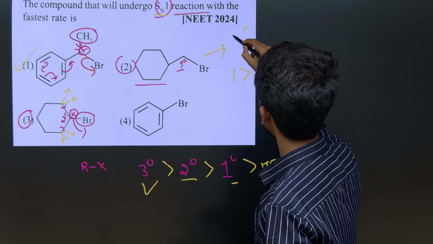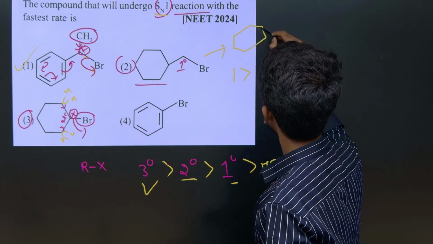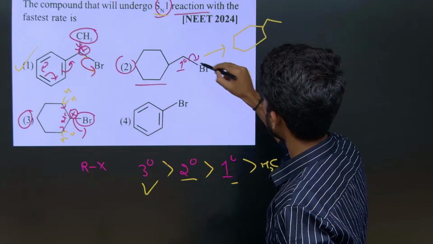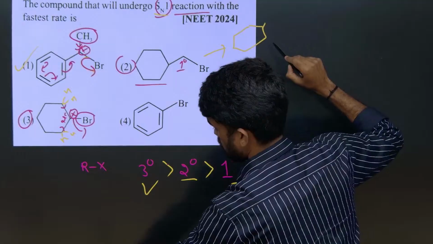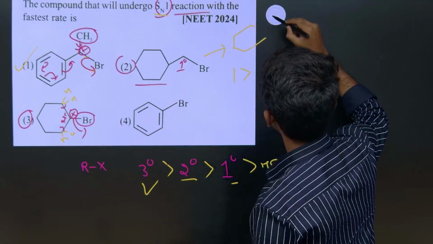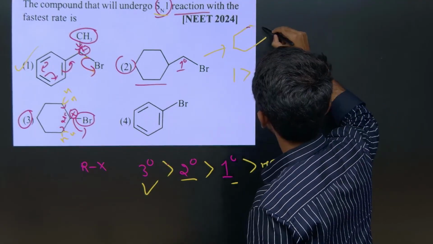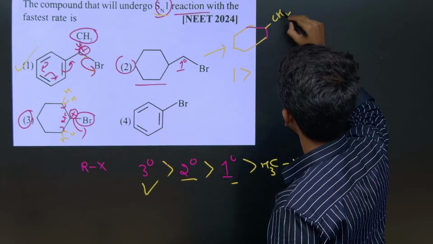Here if we remove this bromine, we will get a carbocation, like this.